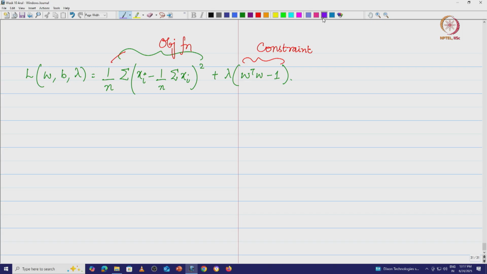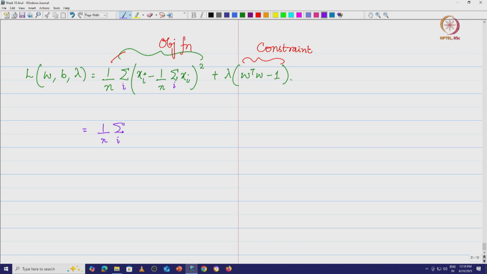So, let us express whatever I have: 1 by n into xi minus 1 by n into xi, the whole squared and all those things. This is nothing but 1 by n summation over i, everywhere it is going to be summation over i. So, what do I have? xi is nothing but what we have already written, which is w transpose into yi minus b.